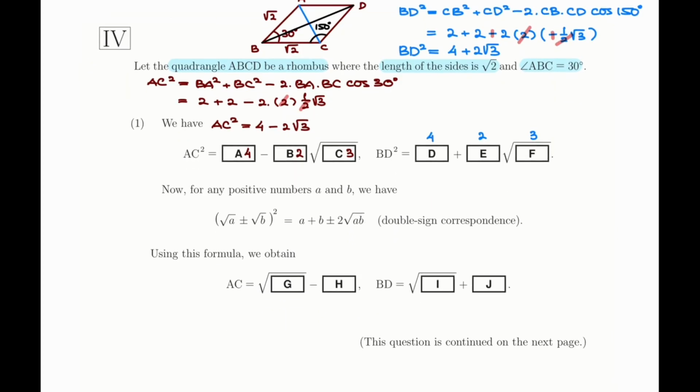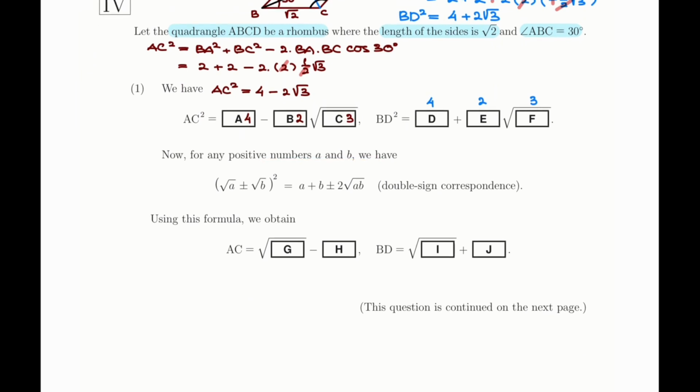Next, for any positive numbers a and b, we have square root of a plus minus square root of b squared is equal to a plus b plus minus 2 square root of ab. Using this formula, we obtain AC equals to blah blah blah and BD is equal to blah blah blah.